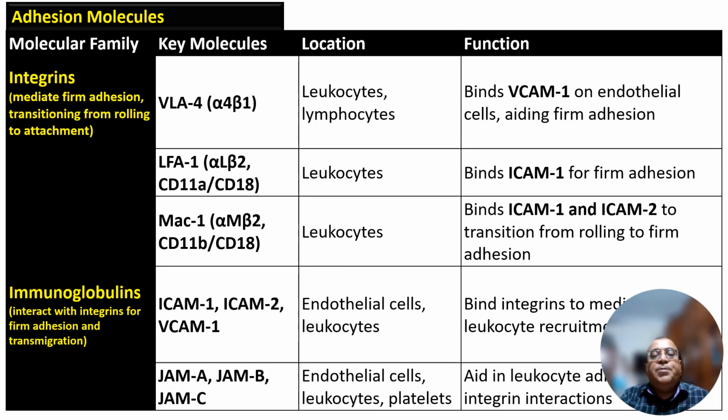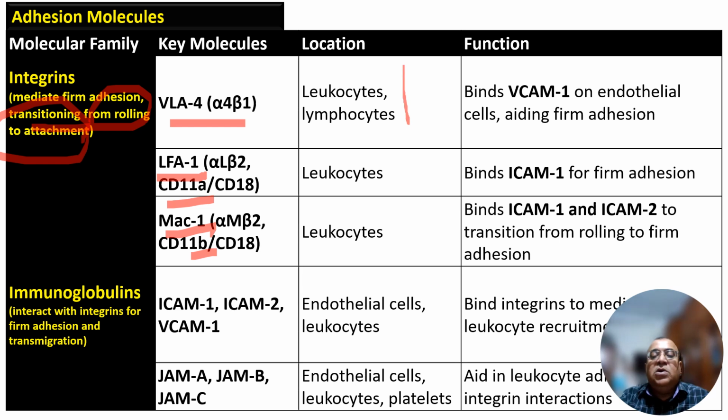We have studied the process of rolling. The integrins are the molecules that mediate the firm adhesion after the rolling part of the cellular event. The integrins are VLA4, LFA1, CD11A, and MAC1, CD11B.